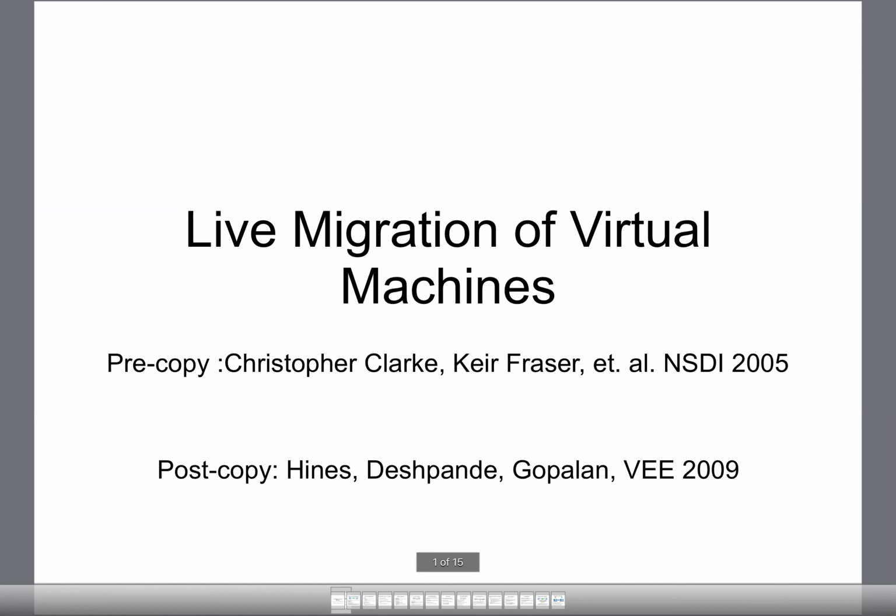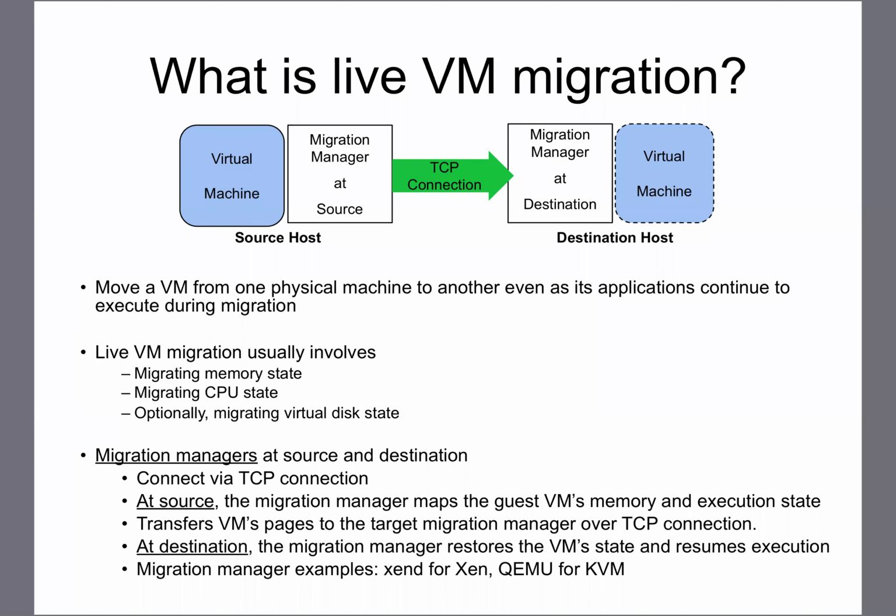Okay, so last time we looked at what exactly is live migration. Here we have a virtual machine that's running on one physical server, and then we want to move it to another physical machine. But we want to do it as the VM is running. We don't want to shut down the VM and have the user experience any downtime.